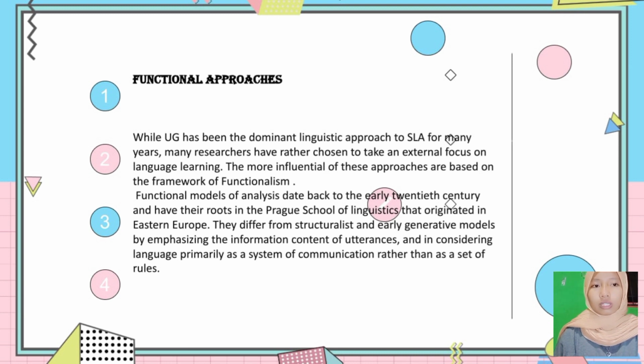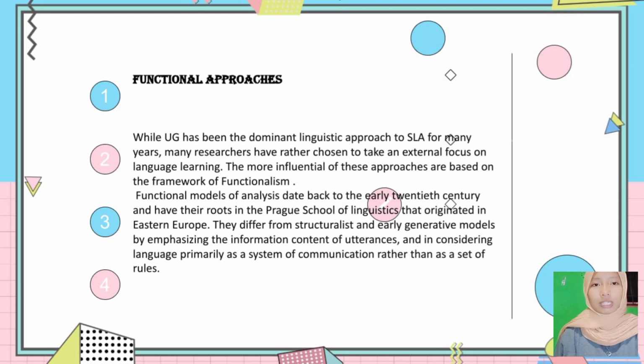The more influential of these approaches are based on the framework of functional models of analysis that go back to the early 20th century and were developed in the Prague school of linguistics in Europe. They differ from structuralist and early generative models by emphasizing the information context of utterances and in considering language primarily a system of communication rather than a set of rules.